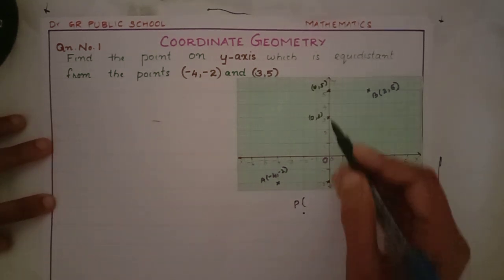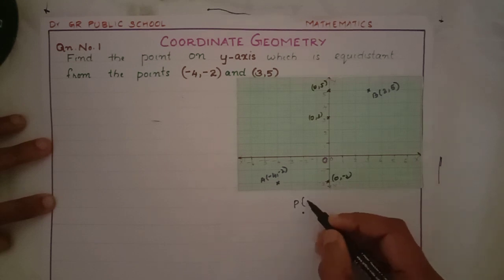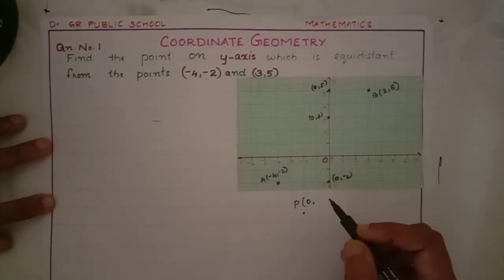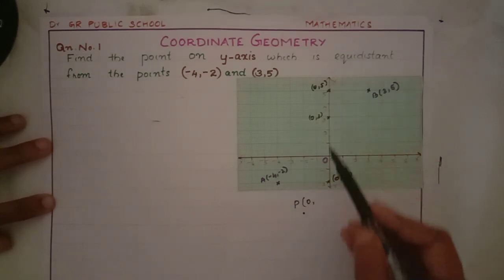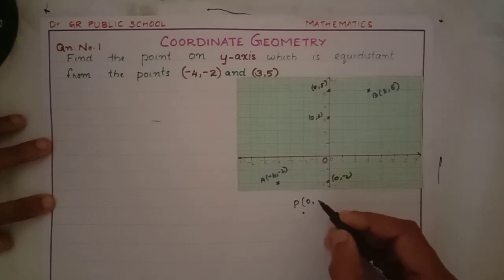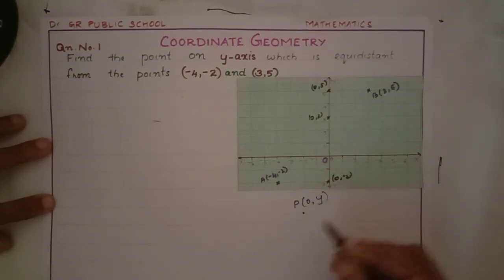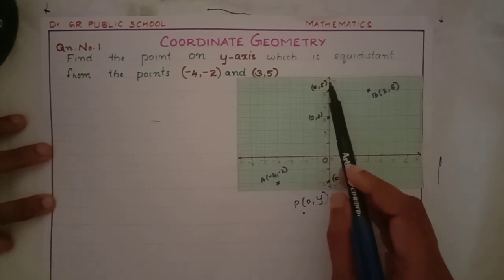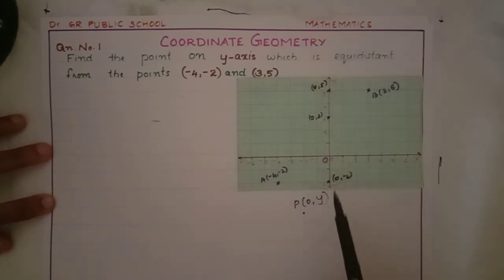We know since it is on the y-axis, the x coordinate is 0, isn't it? Then we have to find the y coordinate, so we take it as y. So we have taken the point on the y-axis as P(0, y).